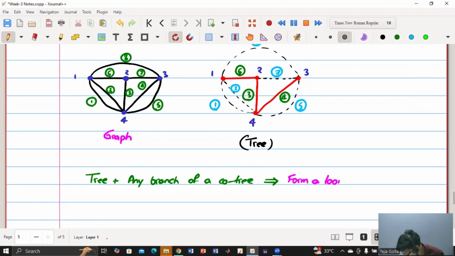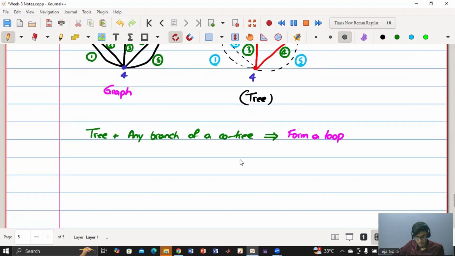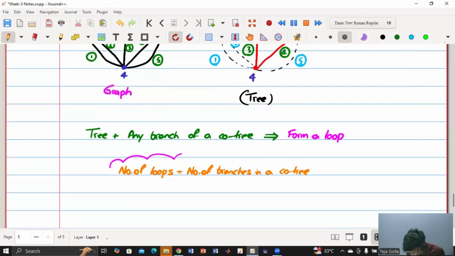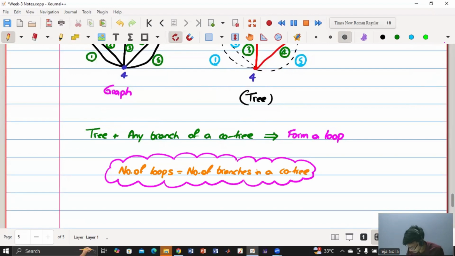So the number of loops in a circuit is equal to the number of branches in a co-tree, because if I add one branch to a tree, then it is forming a loop. So if I have to find out the number of loops, then I have to find out the number of branches in a co-tree.